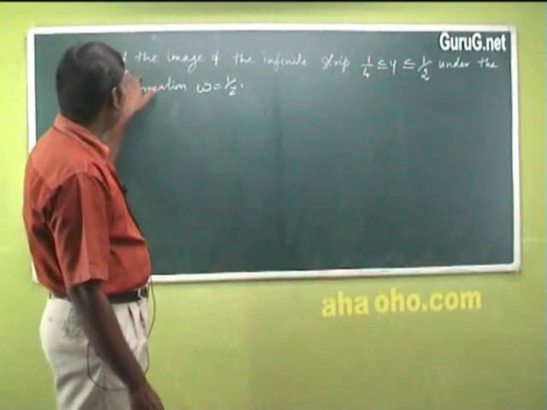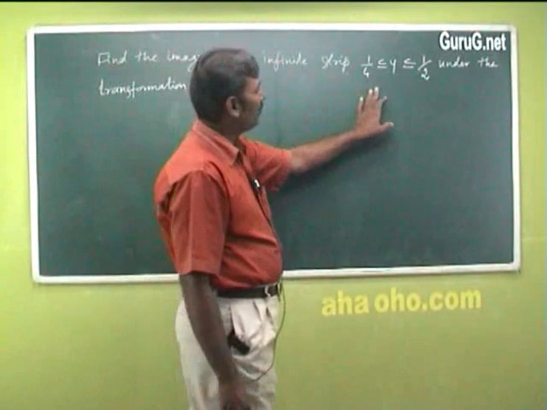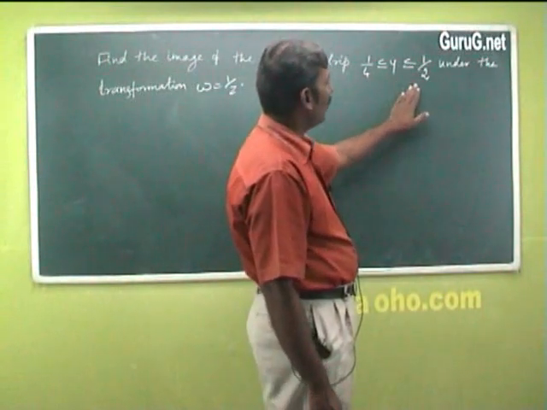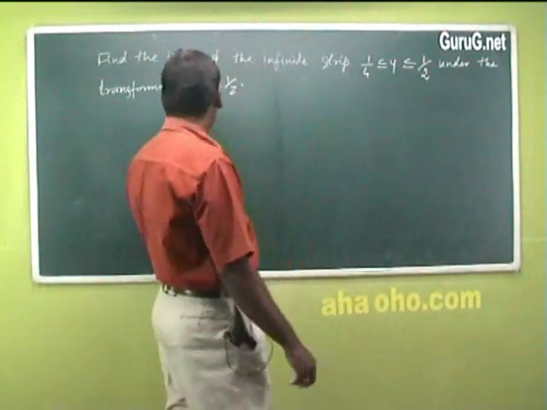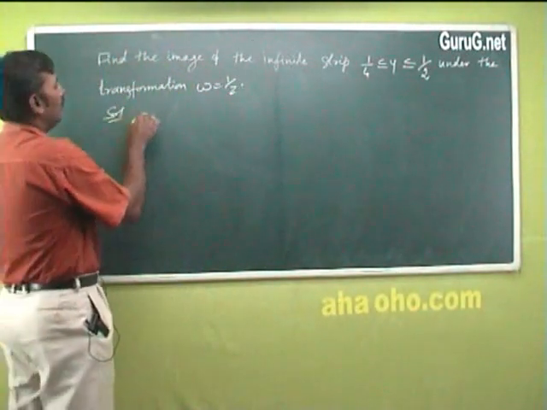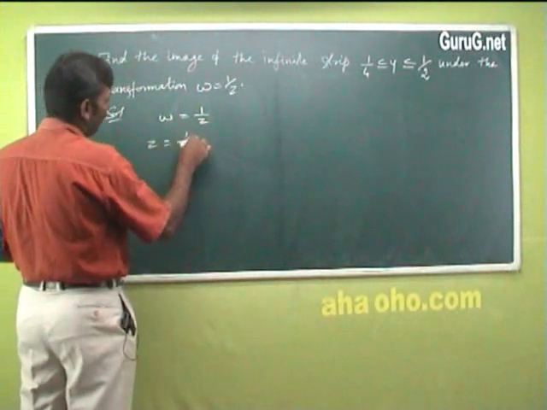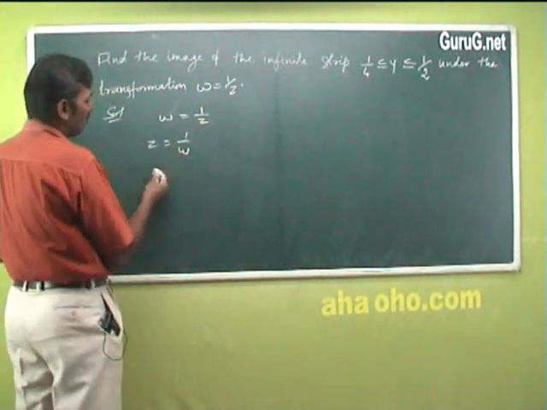Now see this problem. Find the image of the infinite strip 1 by 4 less than or equal to y less than or equal to 1 by 2 under the transformation w equal to 1 by z. So w equal to 1 by z, which is nothing but z equal to 1 by w. We may get the transformation equation.